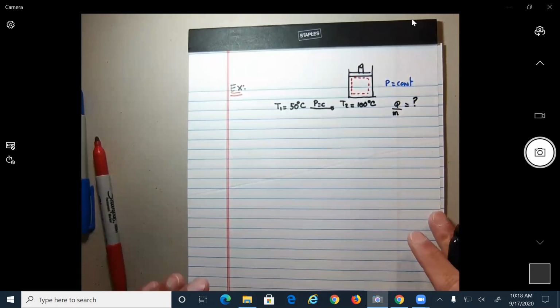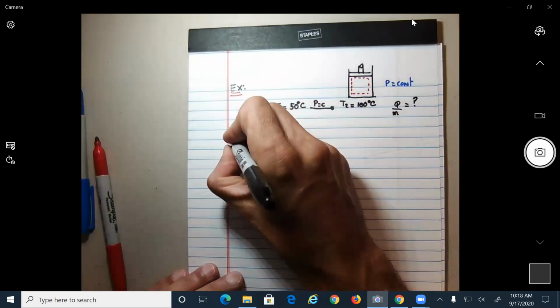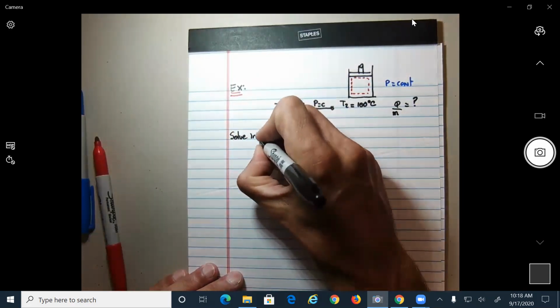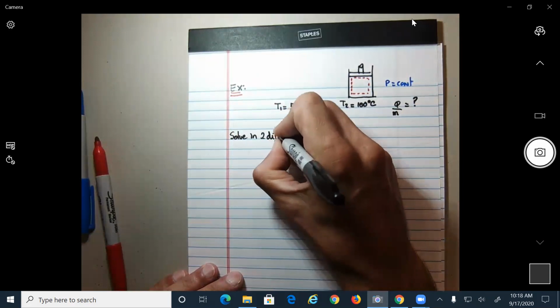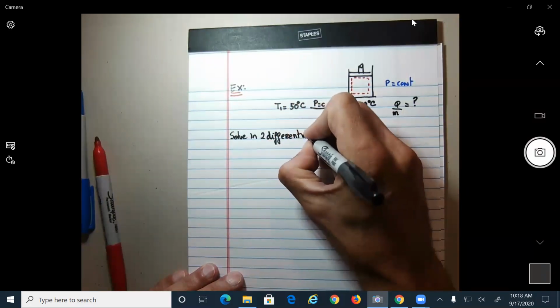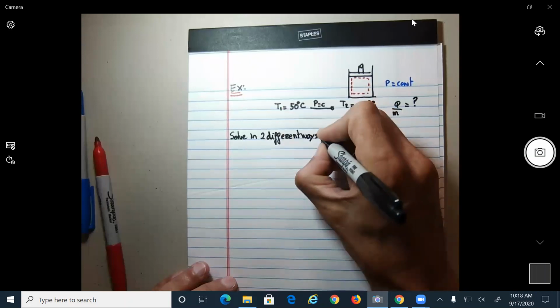So the idea is to solve the problem in two different ways.